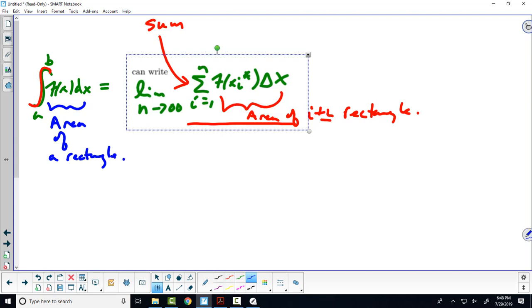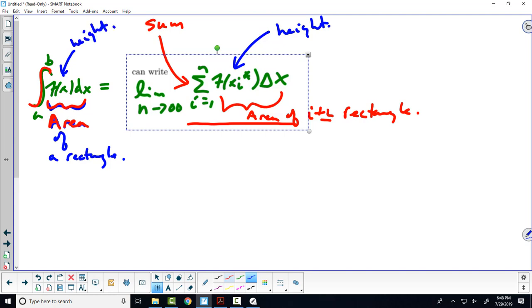Now, what was just this quantity right here? Just the f, in terms of the rectangle. This was the height, right? This was the height of a rectangle, so this is still the height of a rectangle.